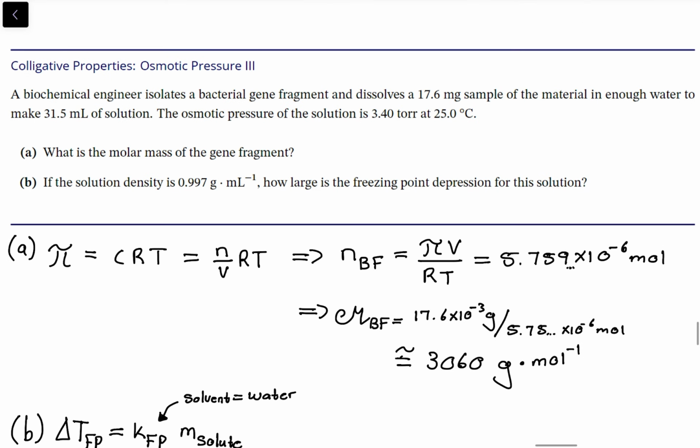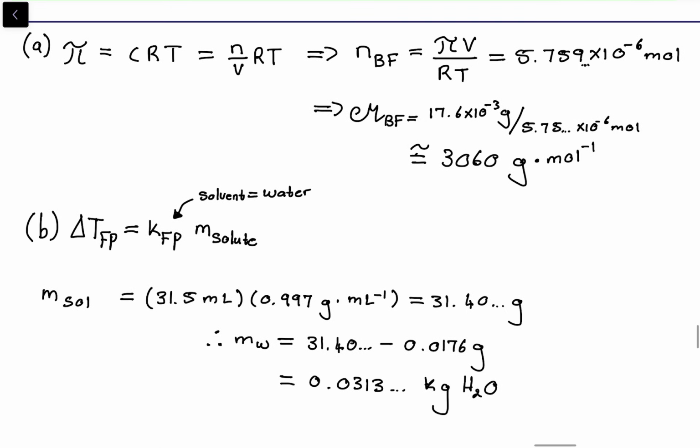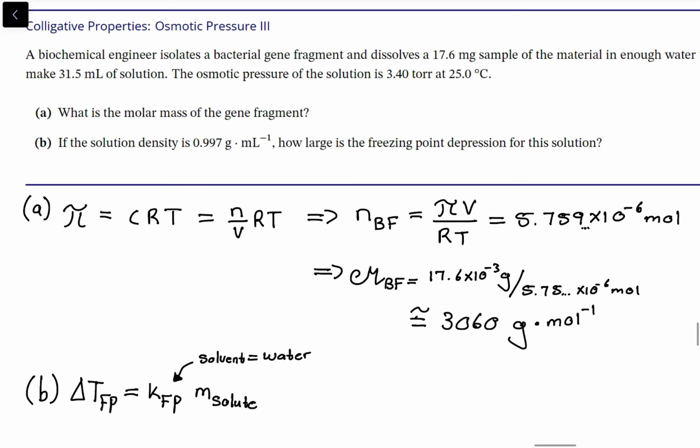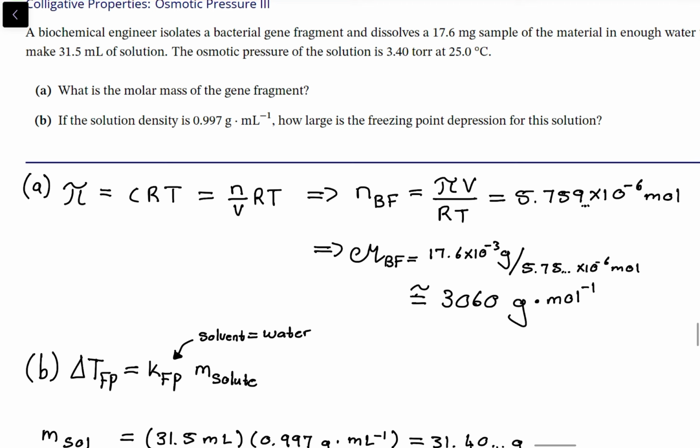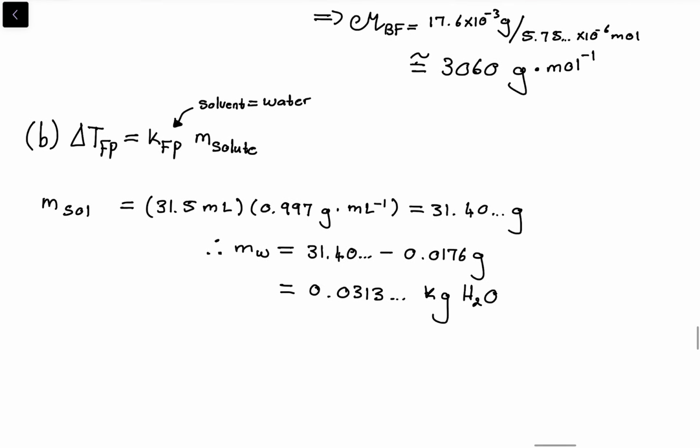It's just a different way of telling you the mass of the water. In this case, it's clear that the reason the density is given is because you can't assume that the density of water is 1 gram per milliliter. Otherwise, it would have been exactly 0.0315 kilogram. But you see, it's 0.0313.